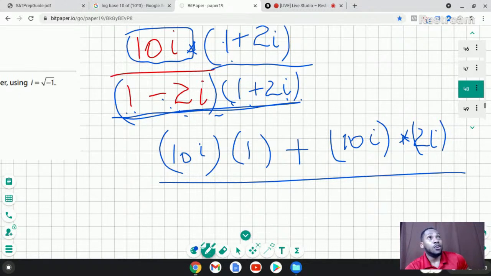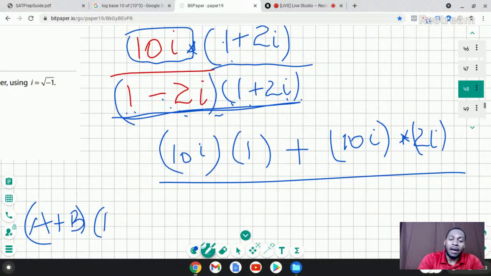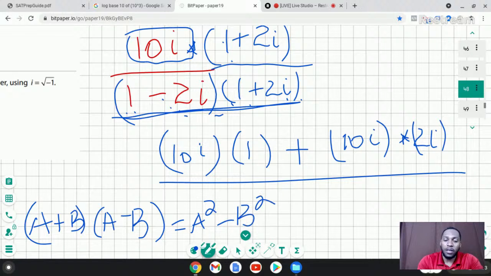The other way is that this is in the form of a plus b multiplied by a minus b, which is the same thing as saying it is a squared minus b squared. Difference of squares. So if you don't know that, that's okay.